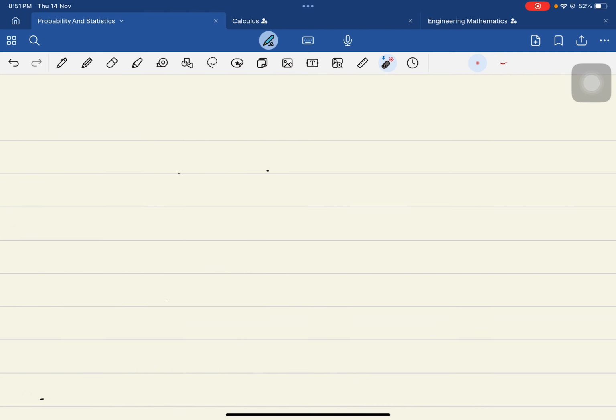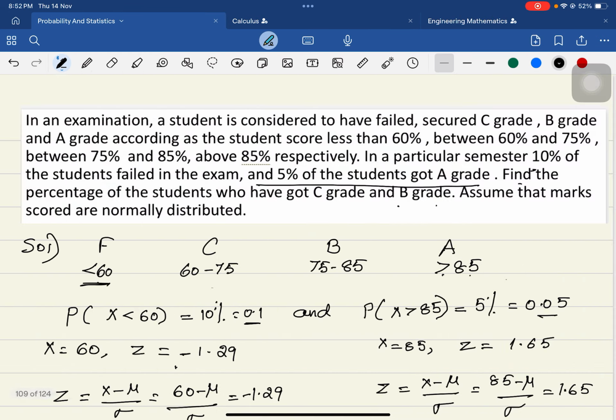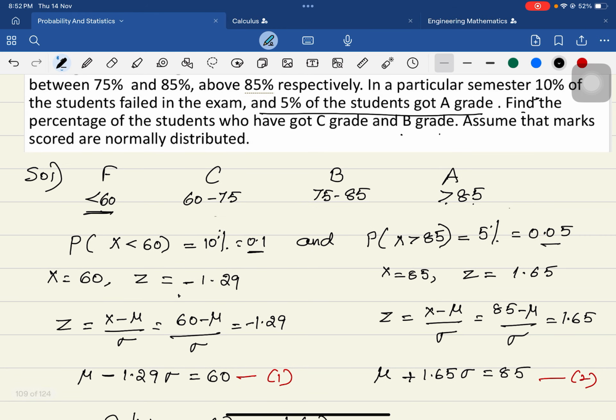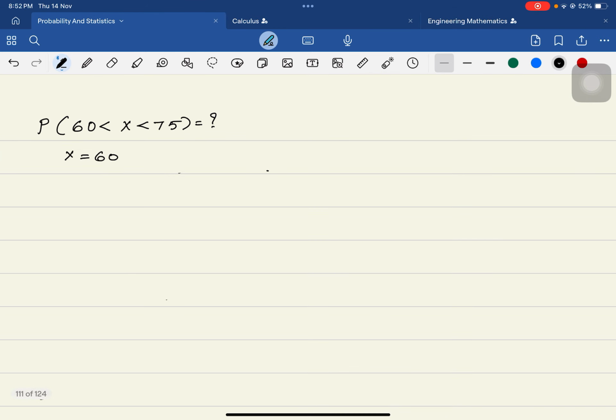The question asked is, what is the probability of C grade, that means in between 60 to 75 is how much? So, first of all, when x is 60, we have already identified the corresponding value of z, that we have got as minus 1.29.